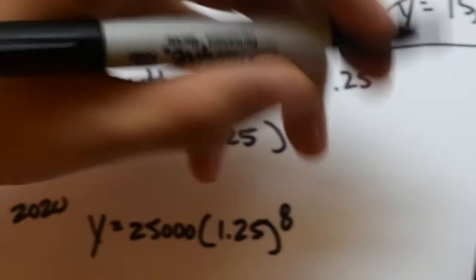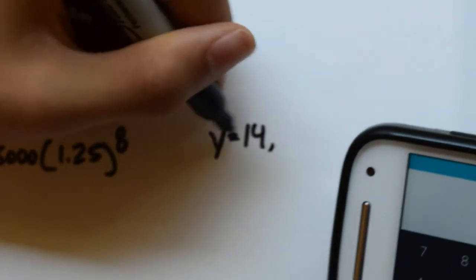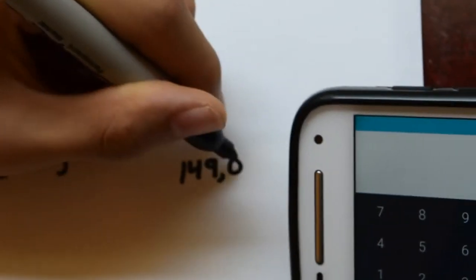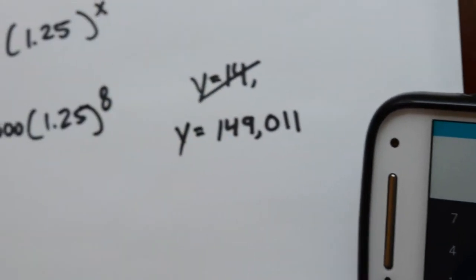And bam, what does that give us? That gives us an amount of y equals 149,011. So that would be the population in 2020, 8 years from 2012.